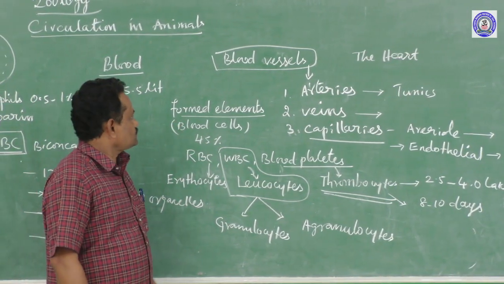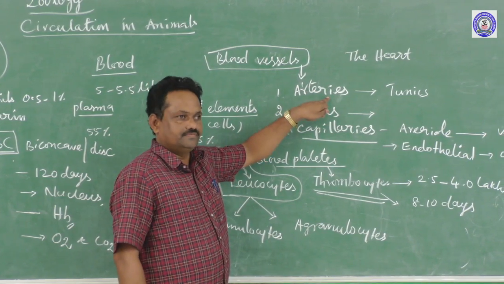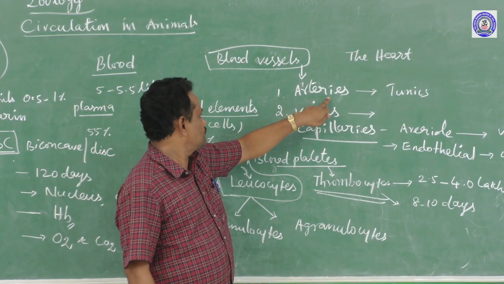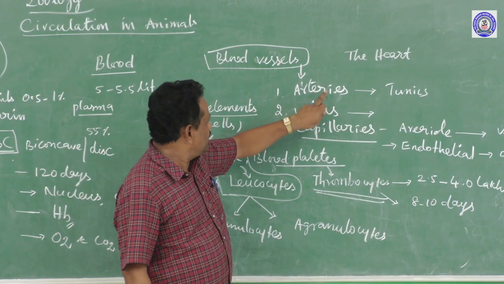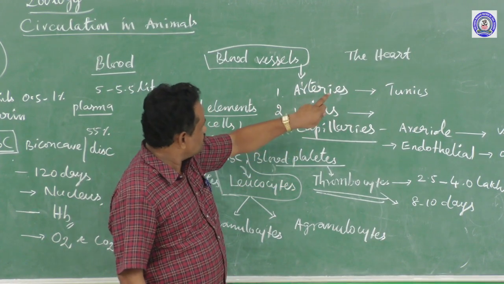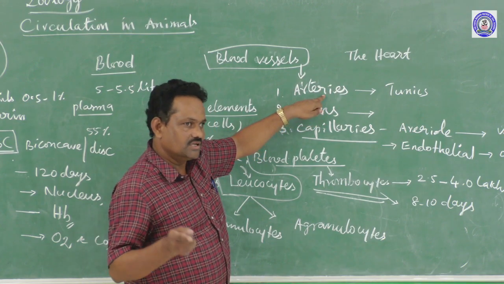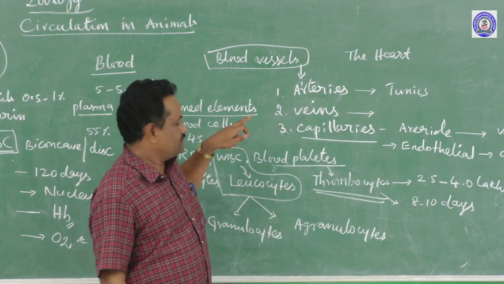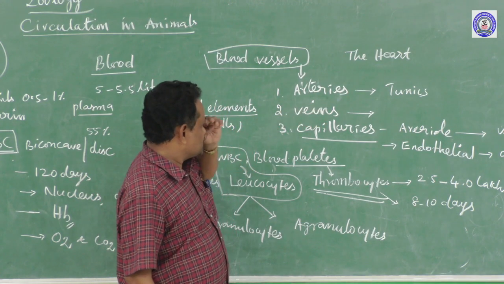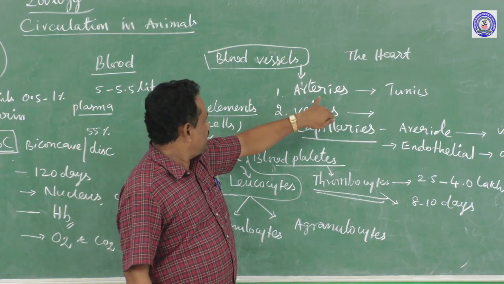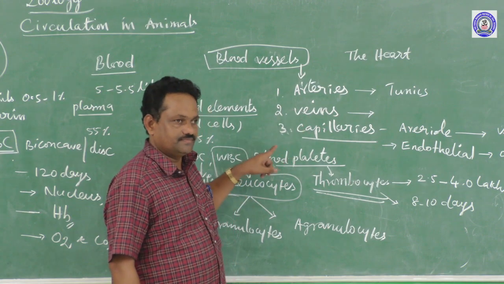Here the arteries are deep seated. Arteries are thick walled, elastic in nature. Arteries carry oxygenated blood except the pulmonary artery. There are no valves in arteries. And veins are superficial.